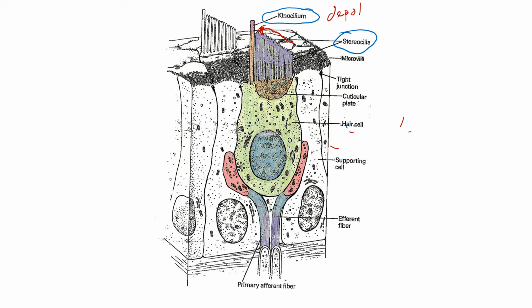But if the stereocilia move away from the kinocilium, that will cause a hyperpolarization of that cell. Depending on which cells are depolarized and which are hyperpolarized, we get a signal that goes to the brain and tells the body what is happening, associated with the sense of balance.